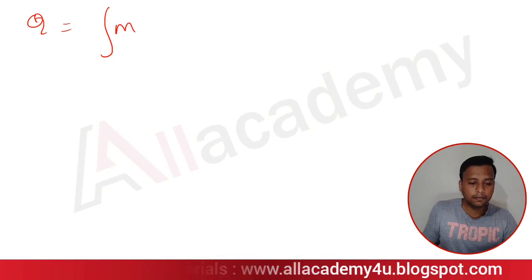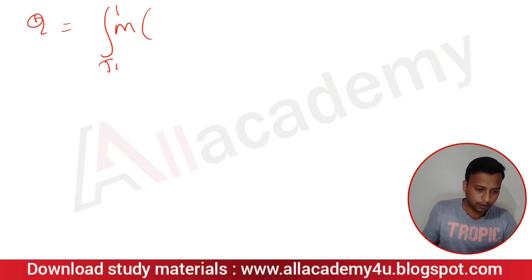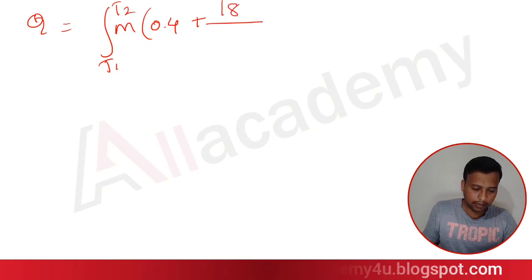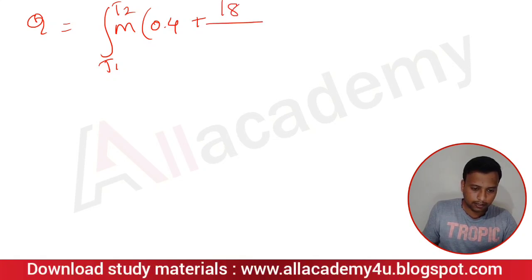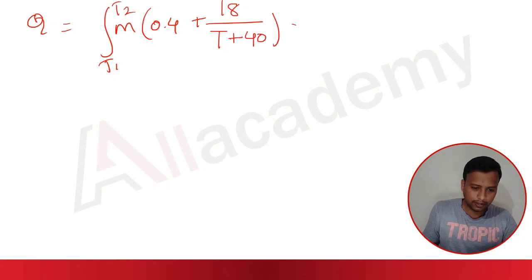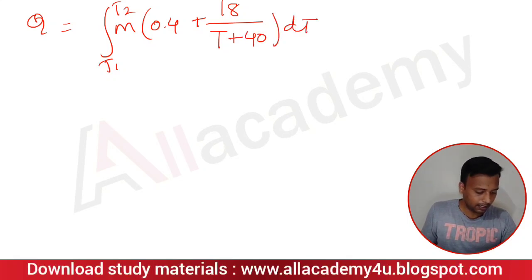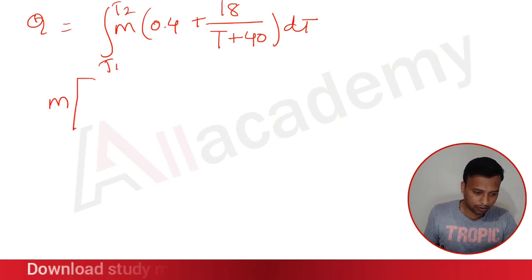So Q equals the integration of m, from T1 to T2, of 0.4 plus 18 divided by T plus 40, into dT. So this is an integration, let us integrate this one. Let us take m outside.